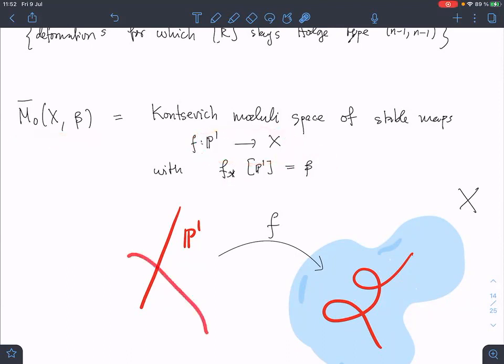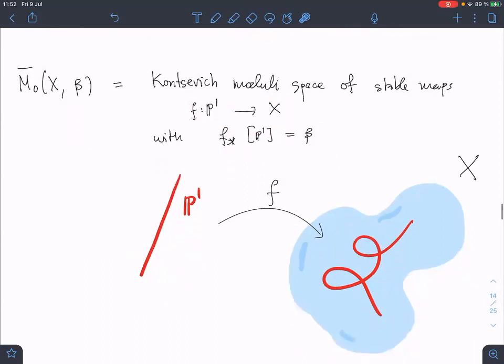In the boundary, you might need some more components, but you should think of it as a compactified moduli space that parameterizes maps from P1 into X associated to this class beta. So this is a projective moduli space, and we're going to use this in the following.